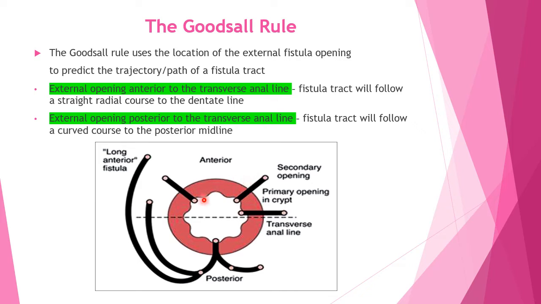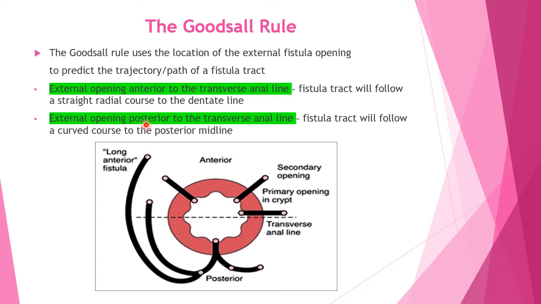The picture here shows you this transverse line which passes from the 3 o'clock position to the 9 o'clock position. The anus is located here. For any opening anterior to this line, the fistula tract will follow a straight radial course to the dentate line, from here straight down, a perpendicular line. These are usually simple, uncomplicated fistulae.